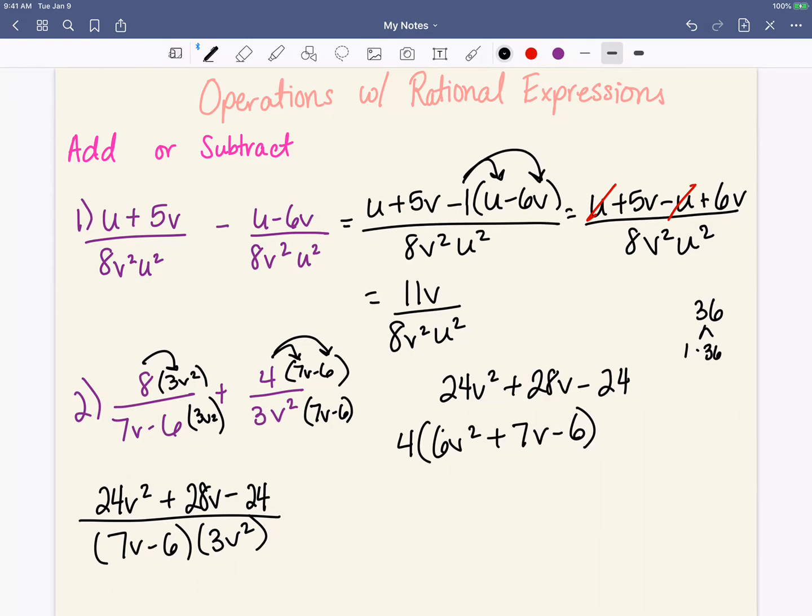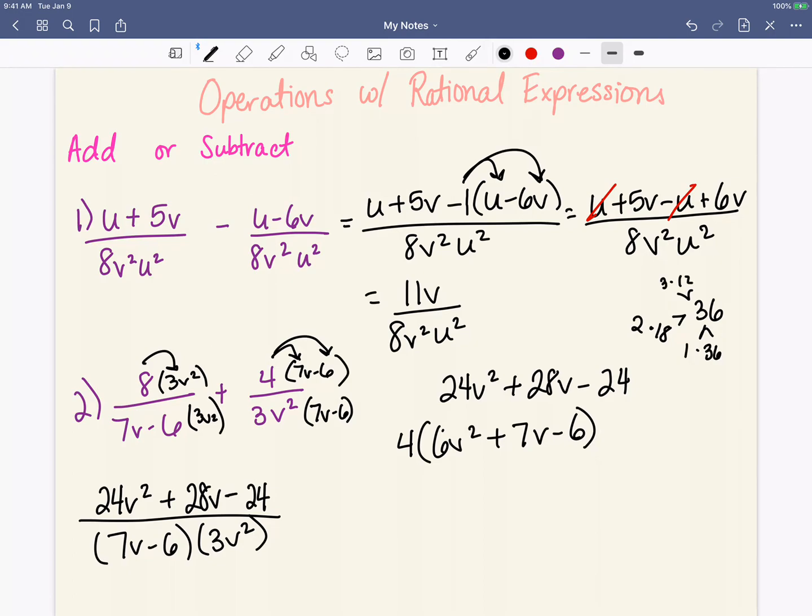1 times 36. 2 times, I believe it is 18. And this will be also by 3, which is 12.